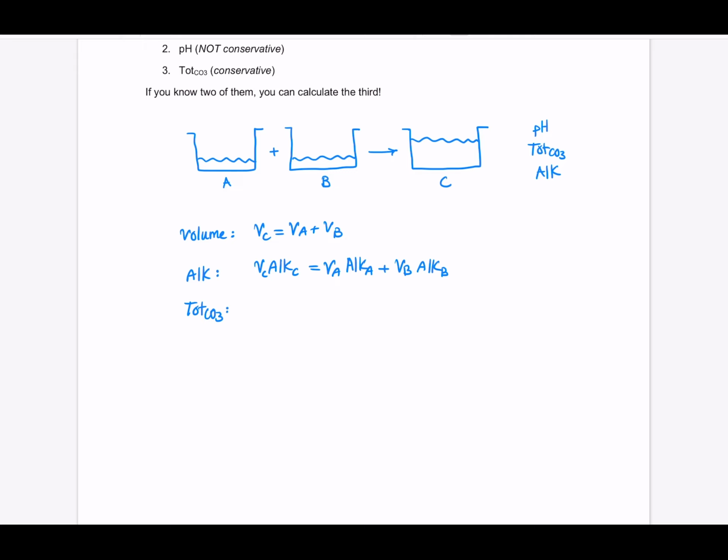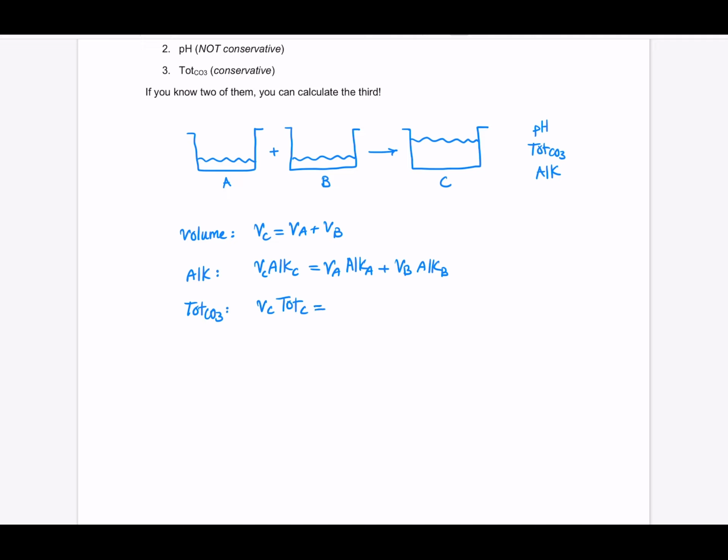Say 1 millimolar, but 1 liter, then that would be 1 millimole in container A. You have to multiply by the volume to get the absolute amount, because conservation of mass is related to the absolute amount. In terms of milligram per liter or mole, it would be the same because we're dealing with the same species.